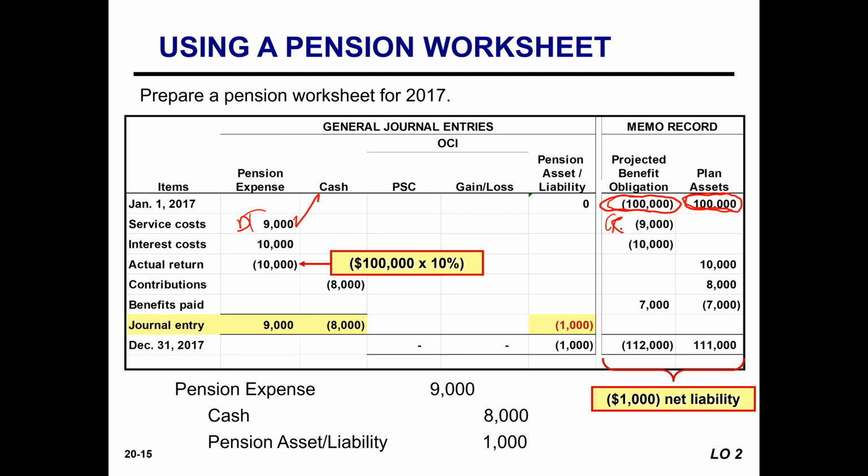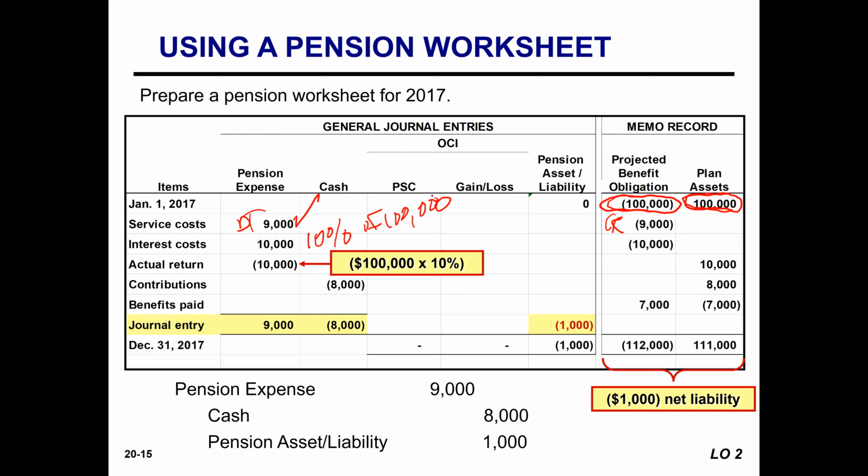Interest cost, that's our settlement rate. It said our settlement rate is 10%. That's where we're getting this 10,000, right? 10% of 100,000, our interest cost.